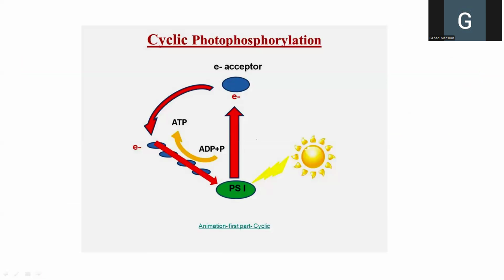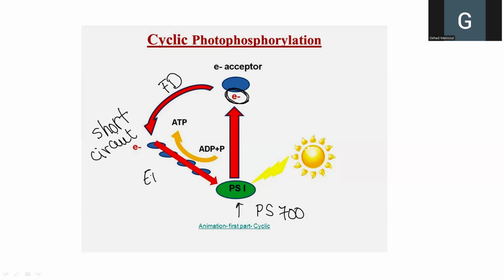Here, as you see, photosystem 1, or photosystem 700, traps solar energy, and electrons in the center of the molecule get excited, and they are received by an electron acceptor, which will give its electrons to ferredoxin, but very soon we will have a short circuit and reach the electron transport chain of photosystem 680, which is the one responsible for formation of ATP molecules.